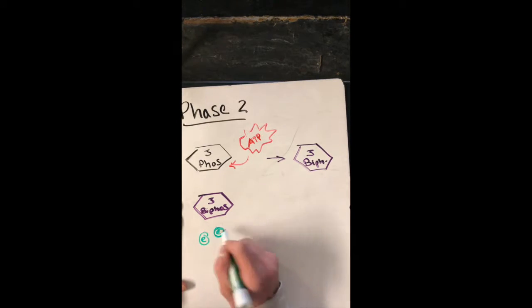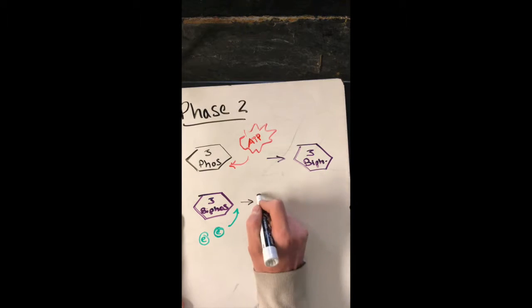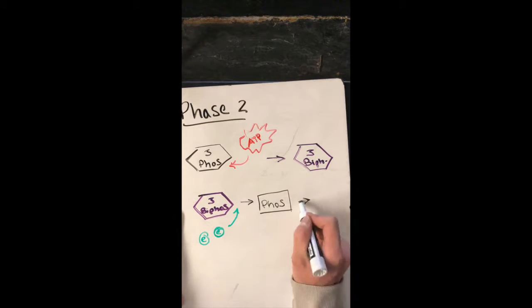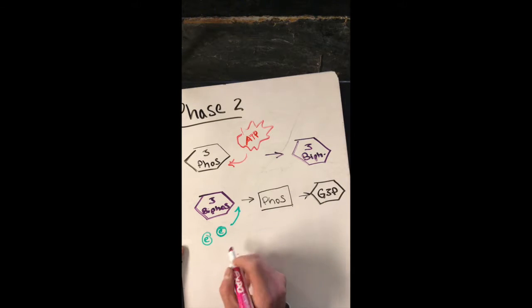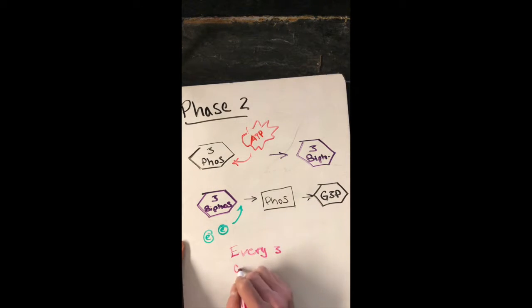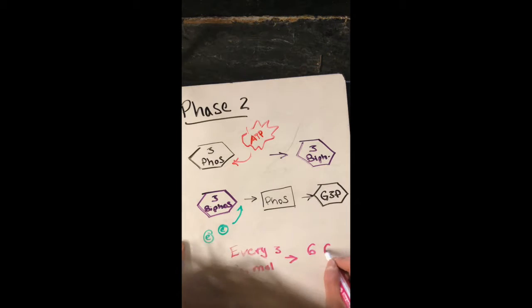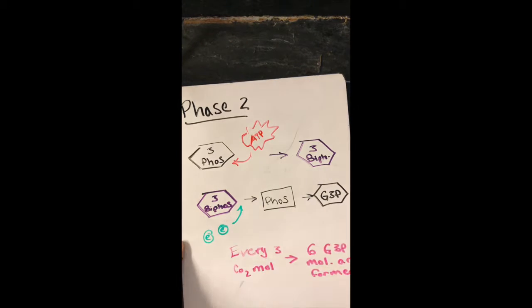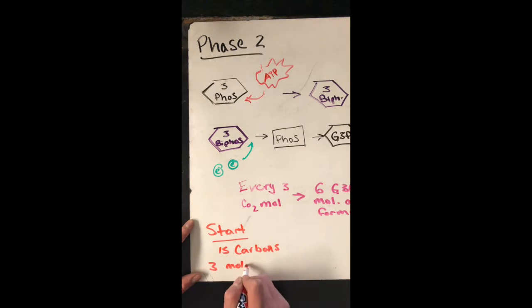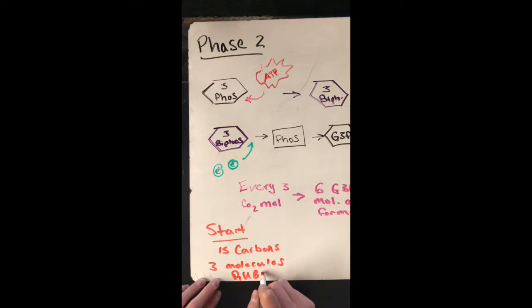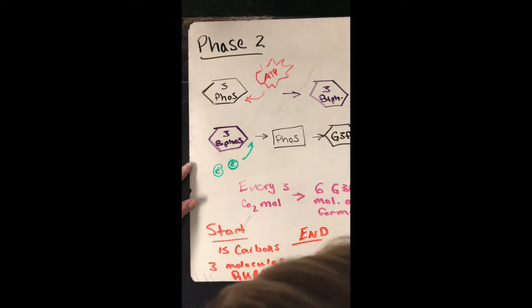Now, a pair of electrons from NADPH reduces the 1,3-bisphosphoglycerate, which also loses a phosphate group, becoming G3P. This is the same G3P that is formed when splitting glucose. And remember, for every 3 CO2 molecules, 6 G3P molecules are formed. Only one of these can be used as a net gain.